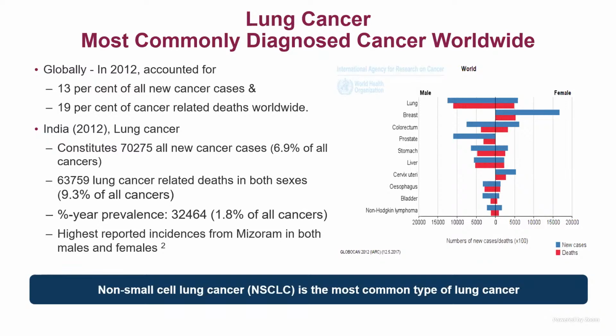Data from India shows that every year, more than 70,000 patients of lung cancer are diagnosed. And it accounts for 9.3% of all cancer deaths every year. The prevalence rate is 1.8% of all the cancers, and that's because the prevalence rate is much lower compared to the incidence because of the higher mortality. And the highest reports are from Mizoram for both males and females. Next slide.